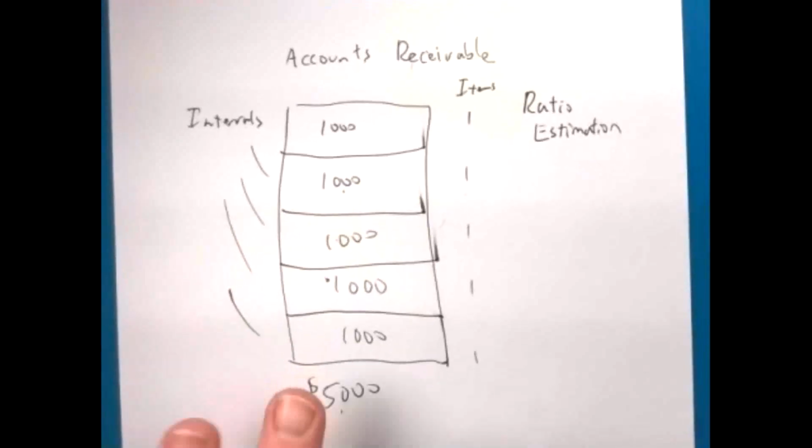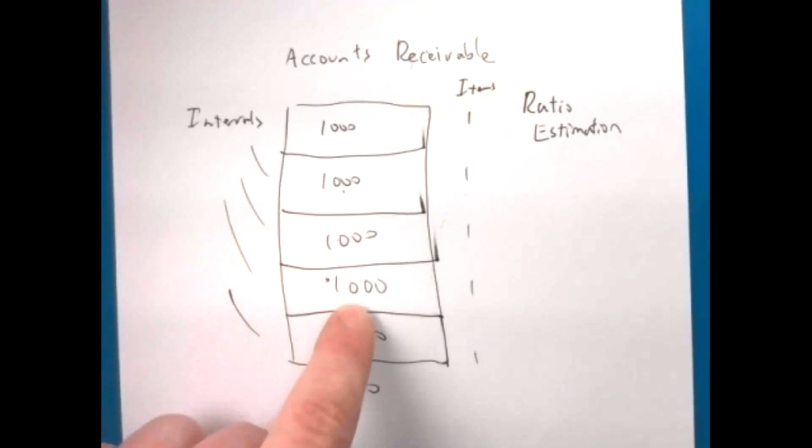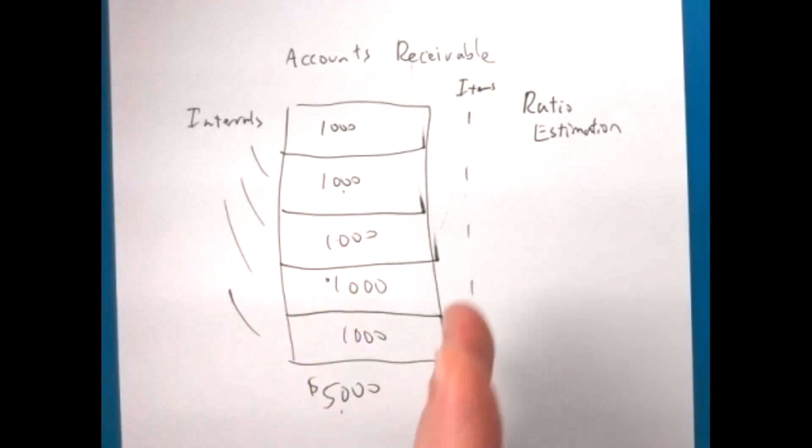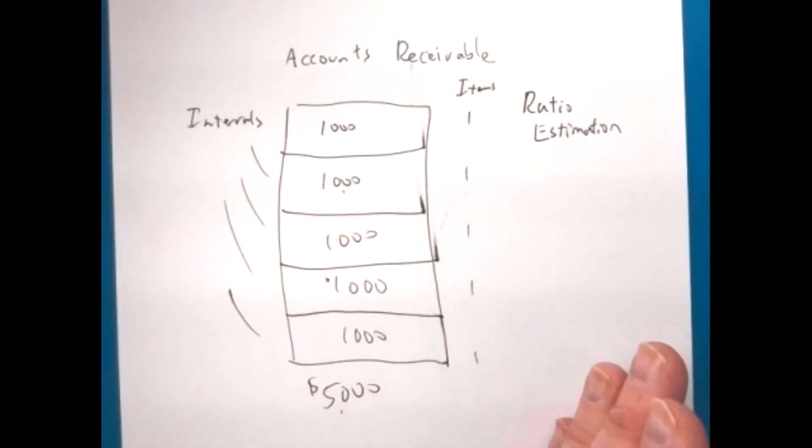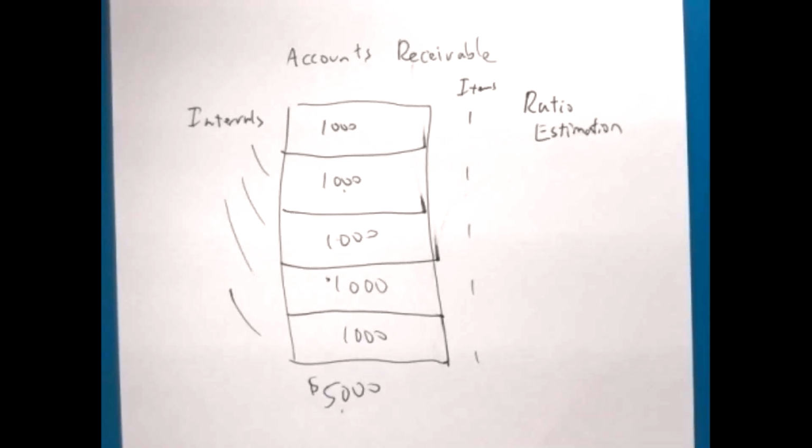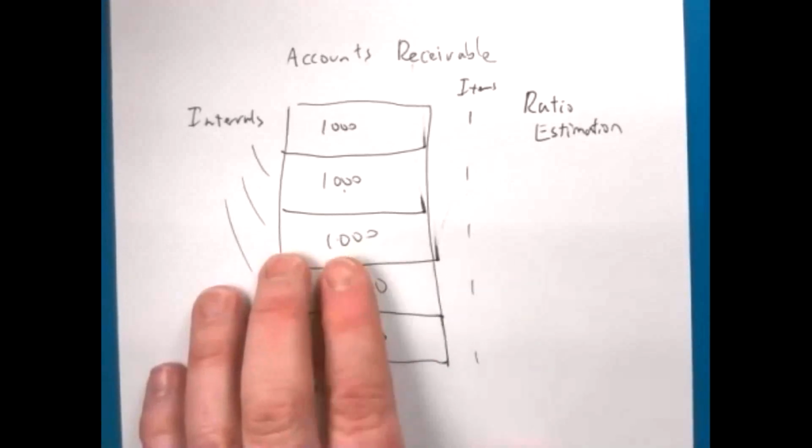You can do that for each one of these. And you use ratio estimation to determine the projected value, but more importantly, the projected misstatement is probably the one they would more commonly go to. So this is the idea behind it.